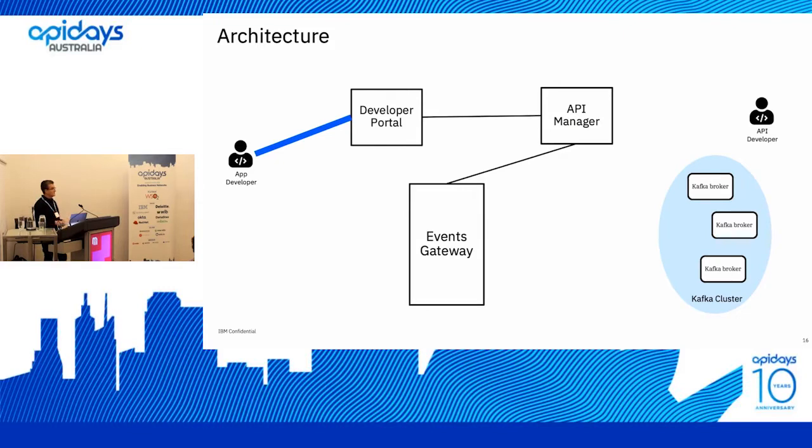Then we'll change the role, so we'll go to the application developer on the left-hand side of the screen there, who's actually building an application, maybe for a mobile device or web page or whatever it might be, to consume the API. So they'll log into the developer portal and discover the API, and then read about it, see what is involved in actually consuming it, and then go ahead and test it.